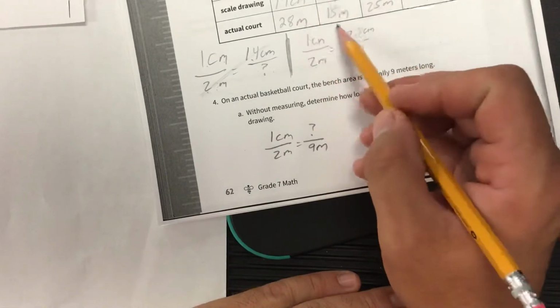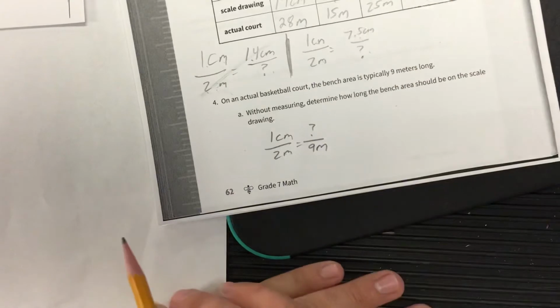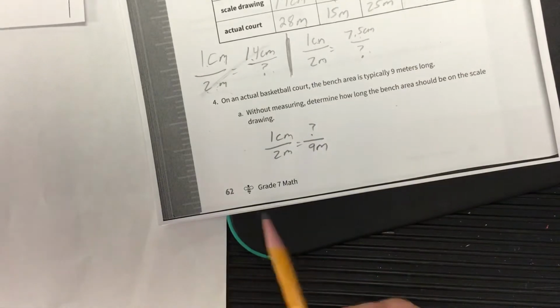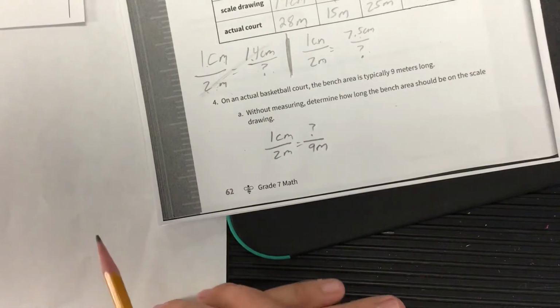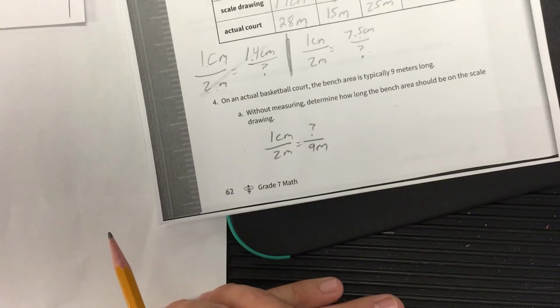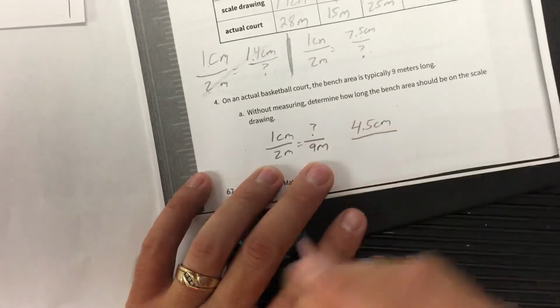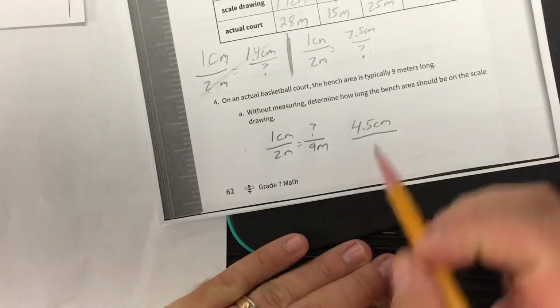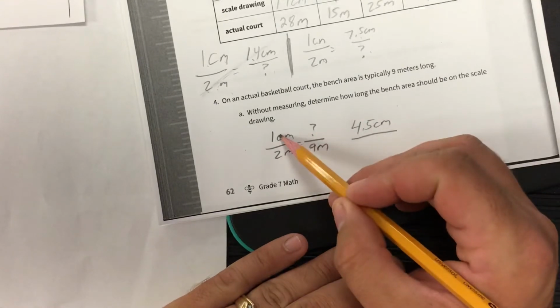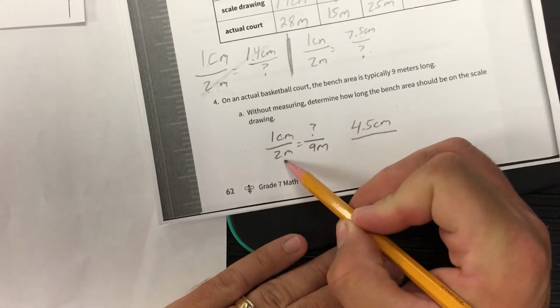I had to multiply by 2. Dakota? Not 3.5. Try again? 4.5. Instead of multiplying by 2, we had to divide by 2. Again, with the ratio, guys, 9 times 1 divided by 2.